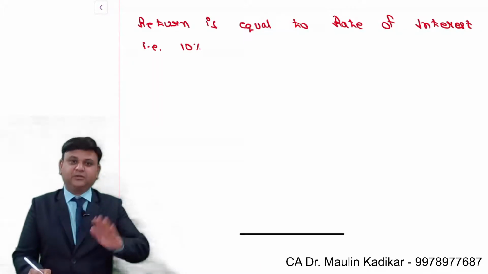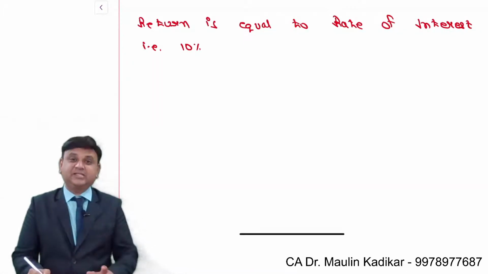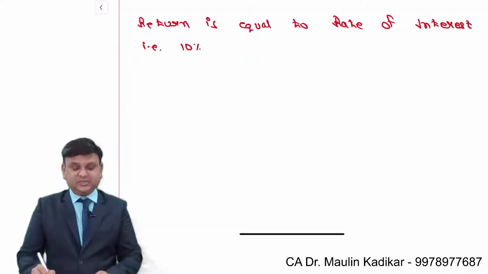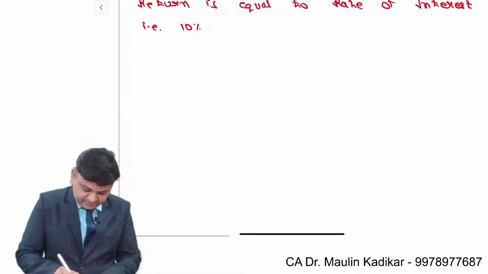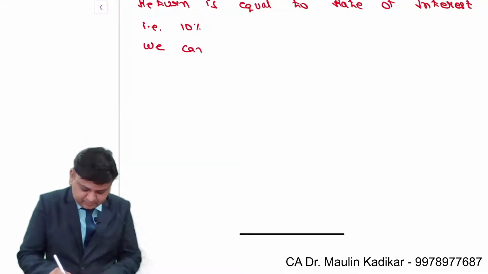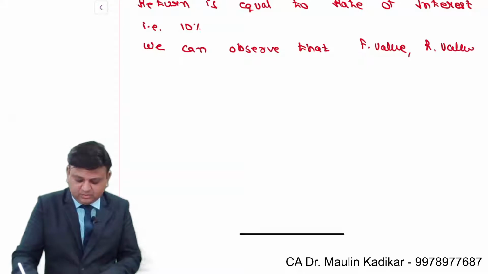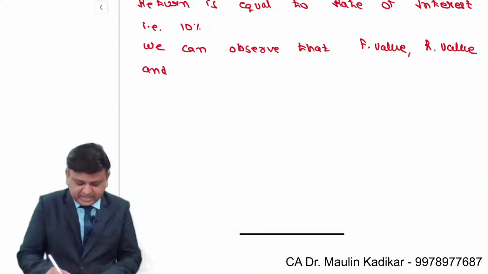From examination point of view, the answer is over. Yet I am dictating certain additional points to you. Writing those points is voluntary, not compulsory. We can observe that face value, redemption value and current price are same.